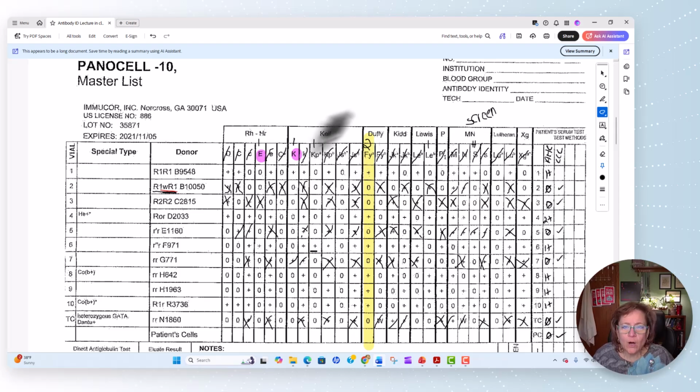Everything here that was positive here. If this were positive and this were negative, that would be a problem. Or if this were negative and this is positive, that's a problem. That's considered a reaction that does not make sense. And that means there's still usually another antibody hiding out underneath there somewhere.